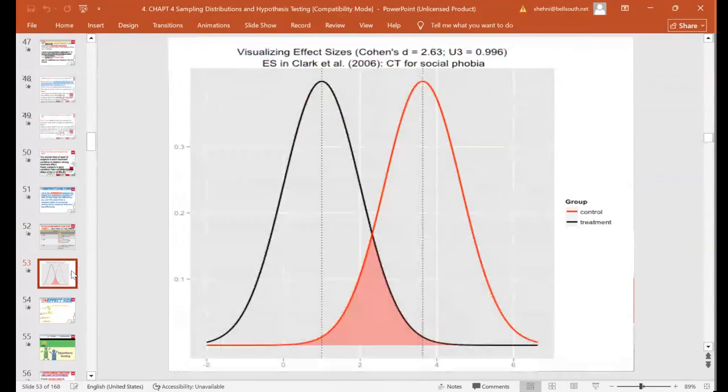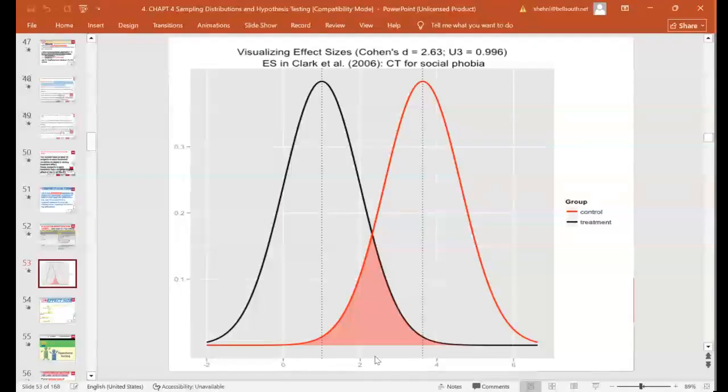And that shows, for example, you can see here a treatment group and control group. If there's no difference, you only see one distribution. You can see the dotted lines, that's the mean for each distribution.